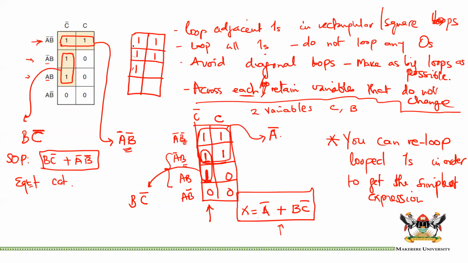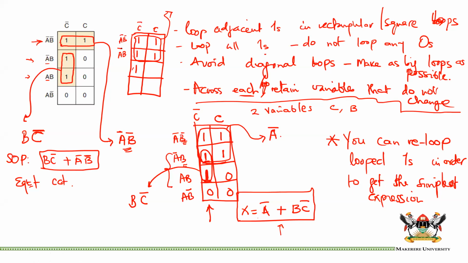So we see here that if we loop this, remember this is C inverse and that's C, and that is A inverse B inverse, and that is A inverse B. So here for this loop, we can see that C is changing from C inverse to C across that loop, from here to here.